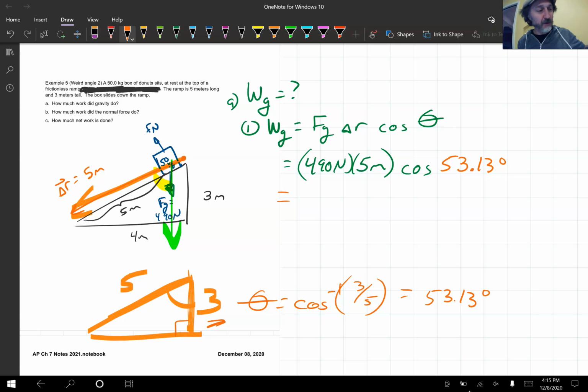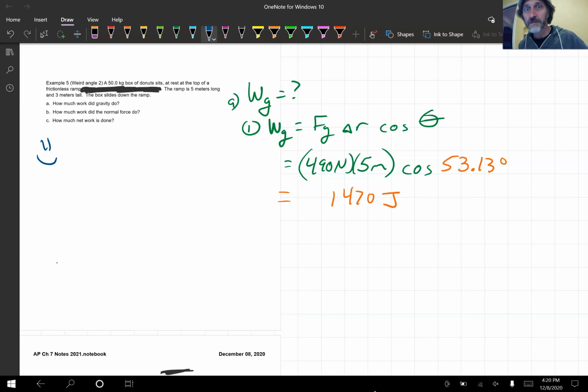So I'm going to type into my calculator 490 times 5 times the cosine of 53.13 degrees, close my parentheses, and you get 1,470 joules. So that was one way that we could calculate the work.